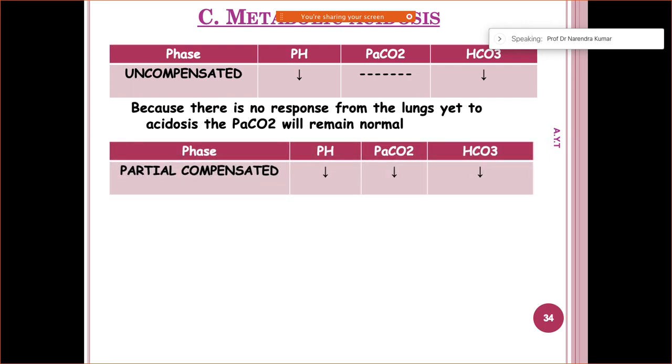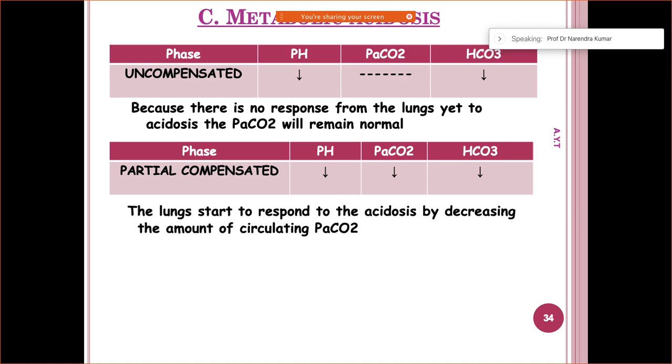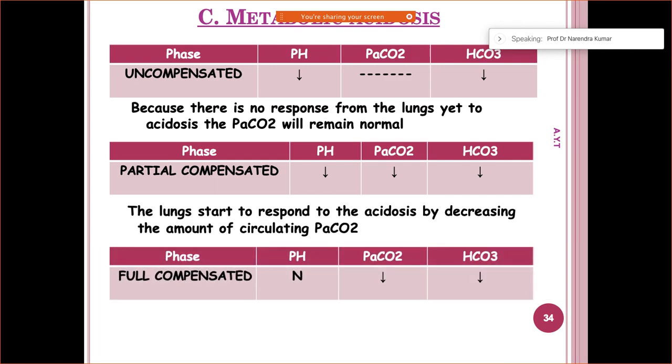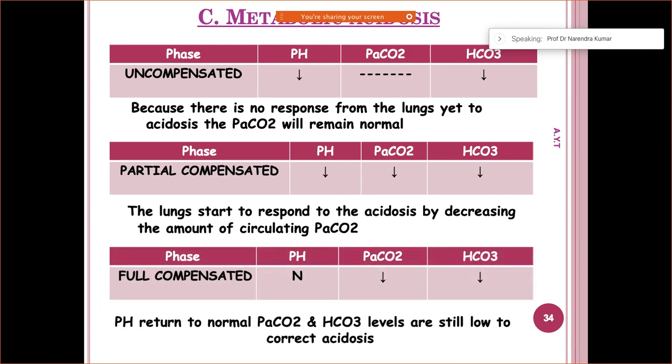Once they are recruited, they will start to decrease the amount of circulating carbon dioxide. That is the partially compensated stage. However, in the fully compensated stage, the pH will also become normal and the PCO2 and bicarbonate are going to be lower values.